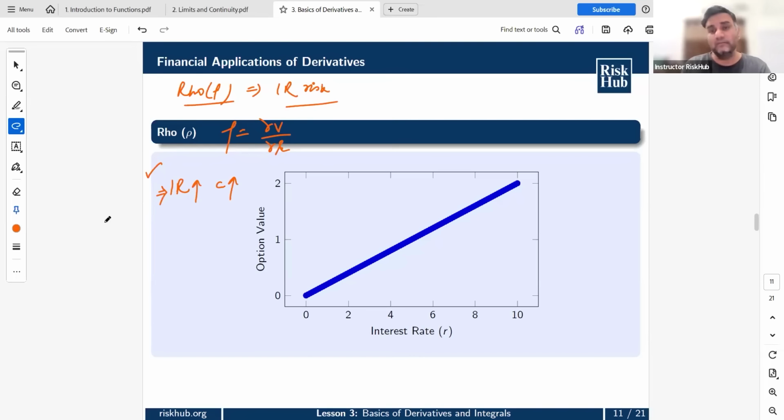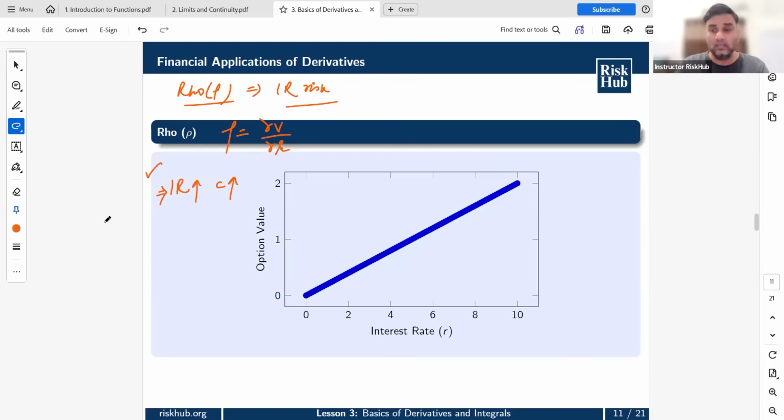The person investing in equity thinks he's taking more risk and only earning 5%. Then behavioral economics kicks in and he thinks that if you are investing in the market, you still need to earn 6% or more. Then the expected return in the market also goes to 11%, and that forces the stock price to go up. And as the stock price goes up, the call option also goes up. So very tricky to understand.